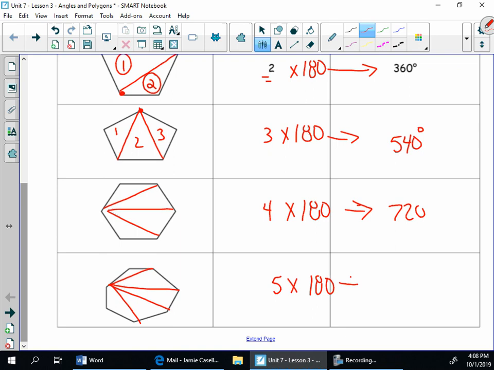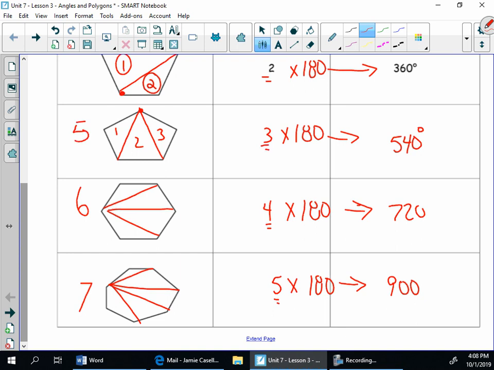If you stop and look back at the things we've just done, I don't even have to draw the triangles if I think about how many sides the shape has. This was a seven-sided shape. It had 5 triangles. This was a six-sided shape. It had 4 triangles. A five-sided shape has 3 triangles.